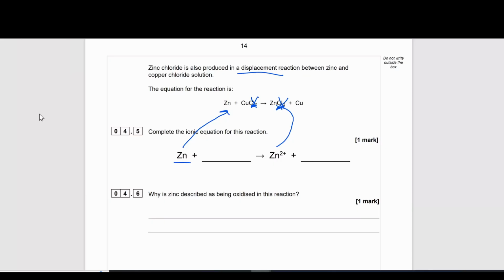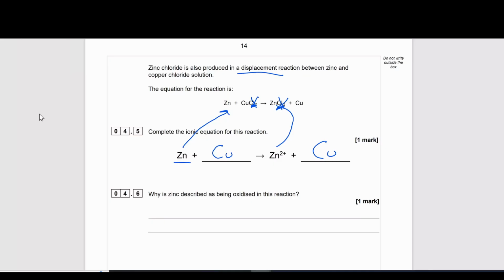That means that in these gaps, we should be looking for copper to be included. The chloride doesn't change in the reaction, so we don't need to include it. So we would need to put a Cu here and Cu here. However, we now need to think, how will we show the coppers being changed?